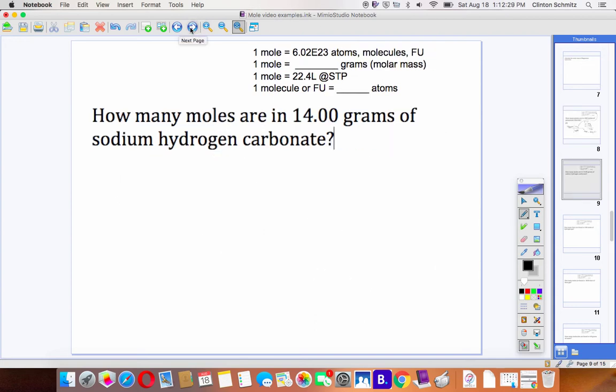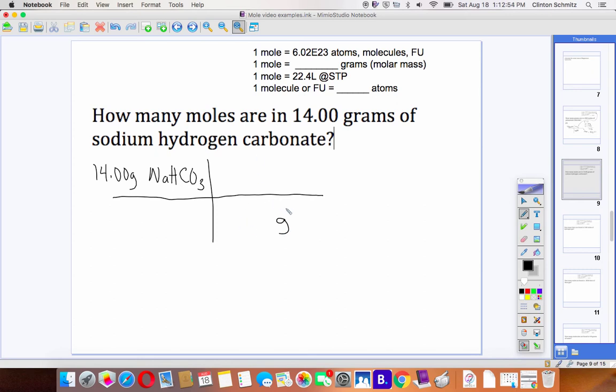Okay, so this one says how many moles are in 14 grams of sodium hydrogen carbonate? So I've got 14.00 grams of sodium hydrogen carbonate, so it's NaHCO3. I draw a picket fence, okay, and it wants to know how many moles. So now I got grams here. I know I'm going to have grams down here.